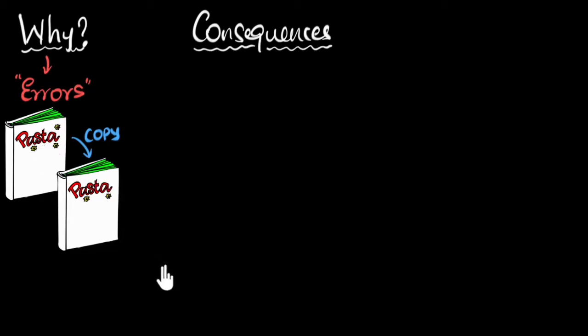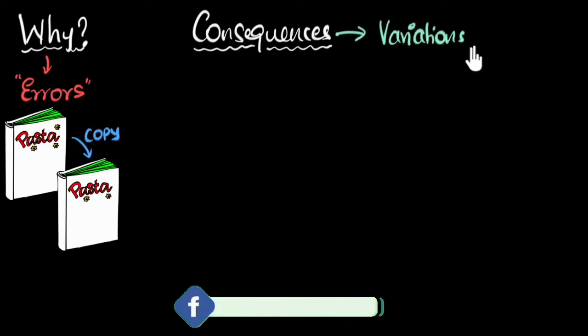So you see that pasta will have some changes compared to the original one, and so we say there will be some variations. Similarly, when organisms reproduce, because of the errors happening in the DNA, sometimes the error can be critical, and because of that, the proteins built could be different altogether, and as a result, that individual could have some variations. So the consequence of these errors in the copying of DNA is that it leads to variations in some organisms.